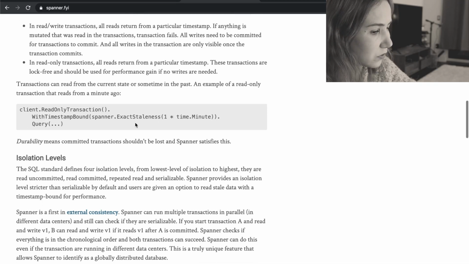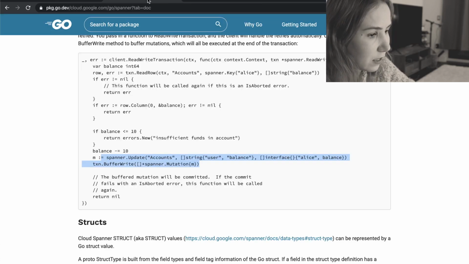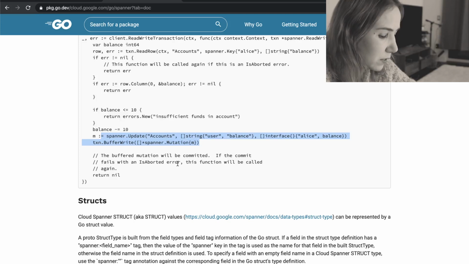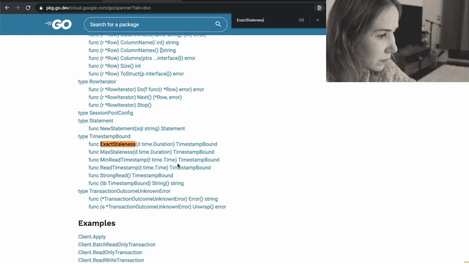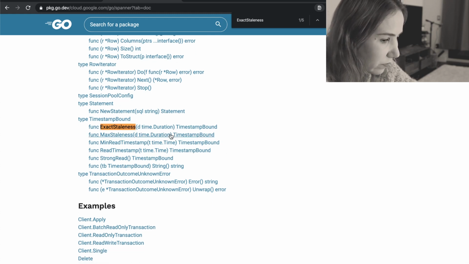And it allows you to actually set the staleness. For example, you can say, hey, I just want to read data, but it must be 1 minute stale. Or you can say maximum it must be 10 seconds old.